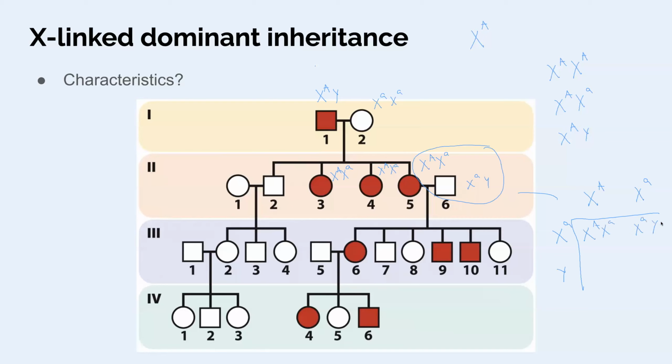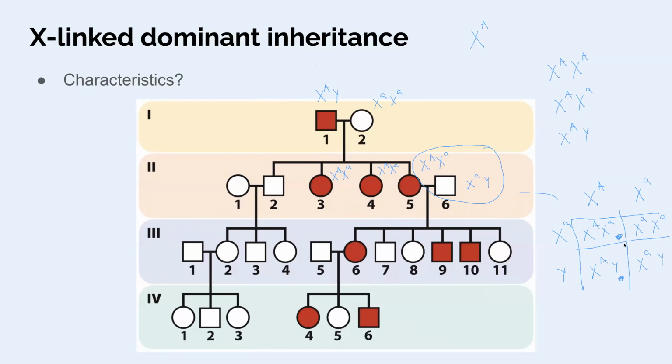So X little a, X big A, Y, X little a, Y. All right, so of this pair, 5 and 6 in generation 2, we would expect that they would have 50% of their daughters affected and also 50% of their sons affected.